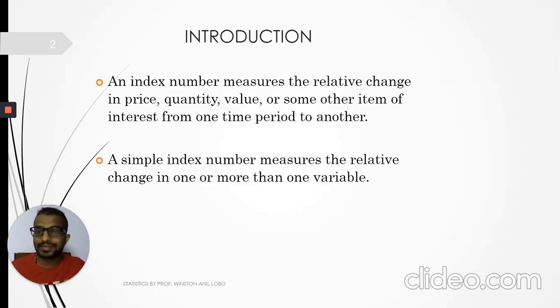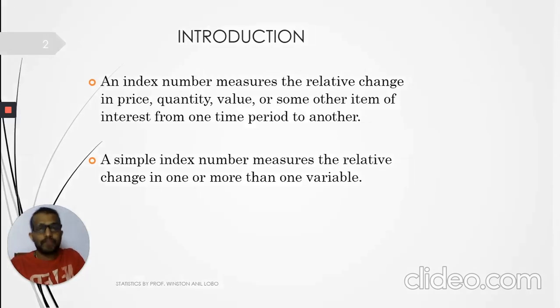That means there is a lot of change, be it in price, quantity, value, or some other item. So this measurement of relative change is related to index numbers. And remember, a simple index number always measures the change of either one variable or more than one variable.